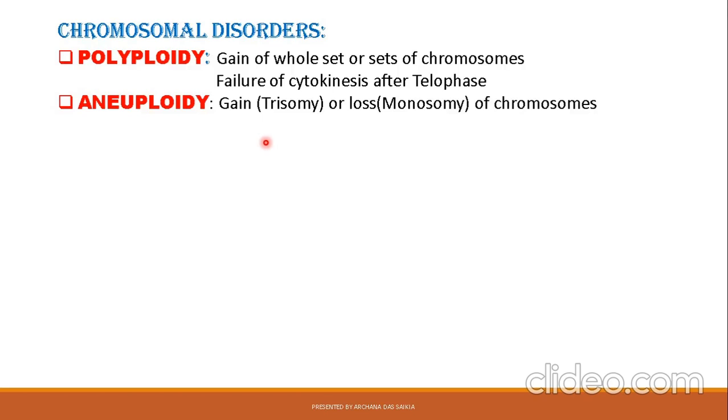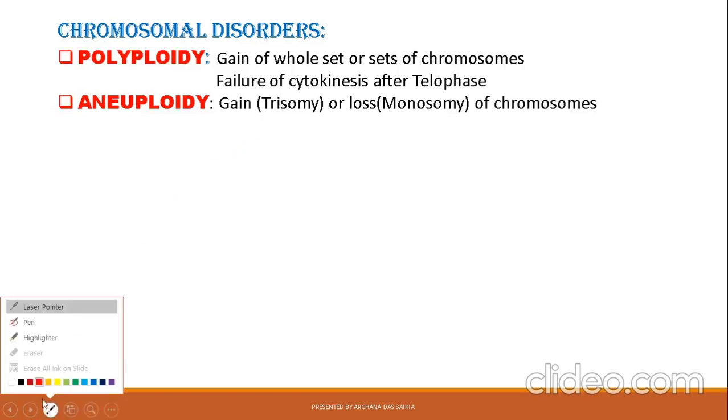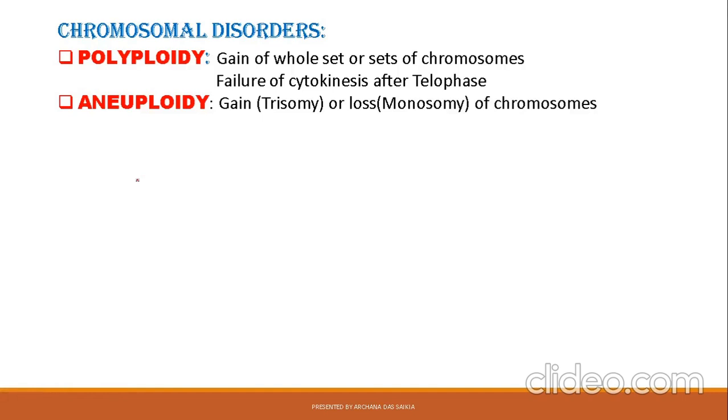This happens due to non-disjunction of the chromosomes. That is, during cell division, the chromatids, especially during meiosis 2. At the end of meiosis 1, I will not go into the details of meiosis 1 because we are almost familiar with those things.